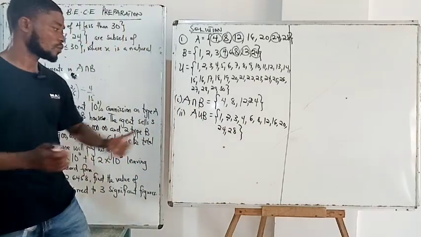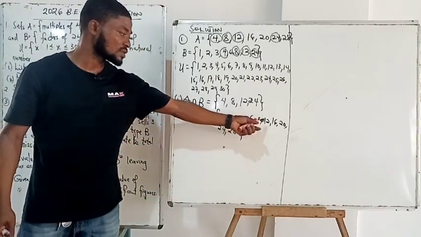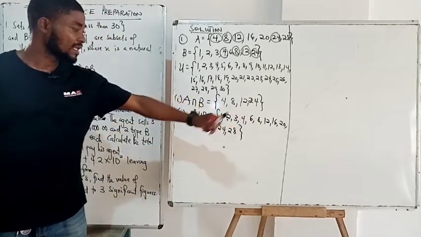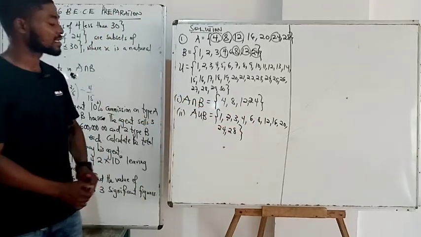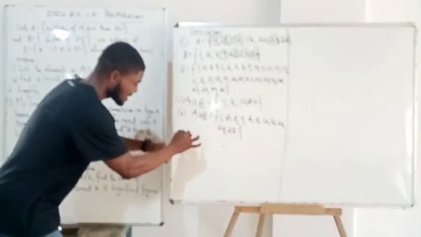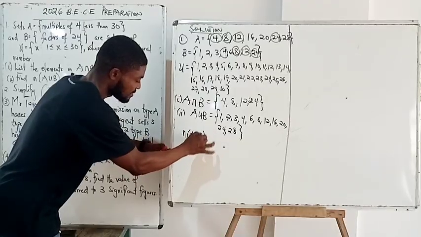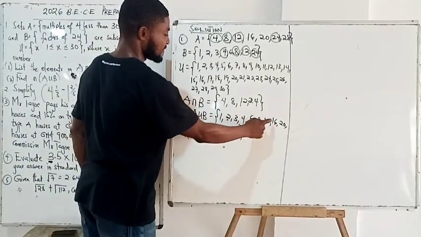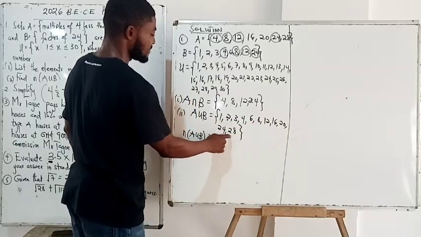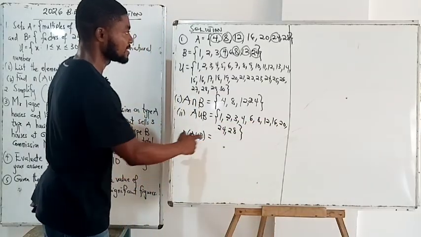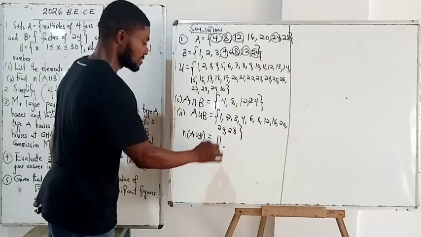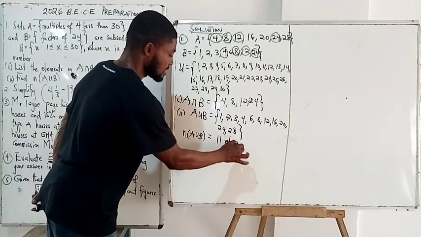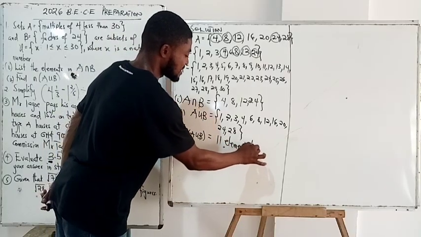So I have 1, 2, 3, 4, 6, 8, 12, 16, 20, 24, 28. When I count them now, that becomes the number of elements in A union B. 1, 2, 3, 4, 5, 6, 7, 8, 9, 10, 11. So I get 11 elements or members.